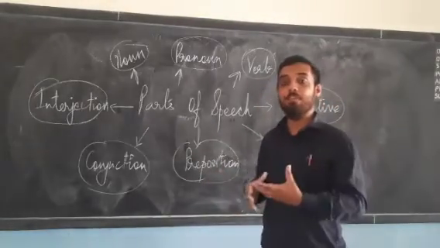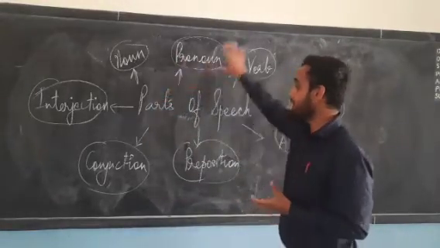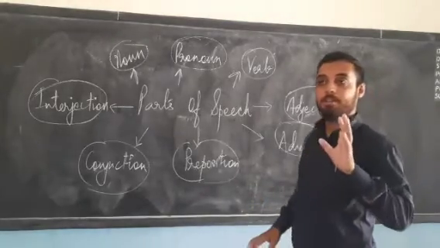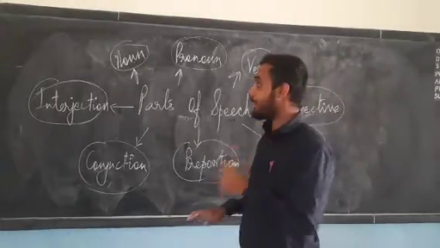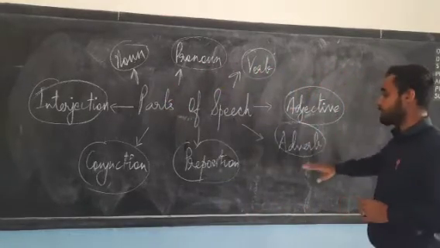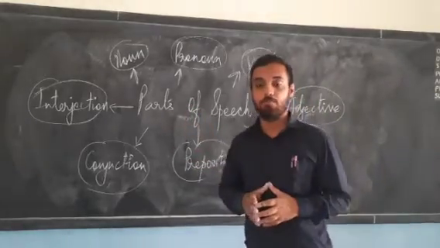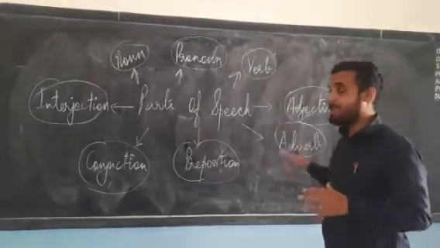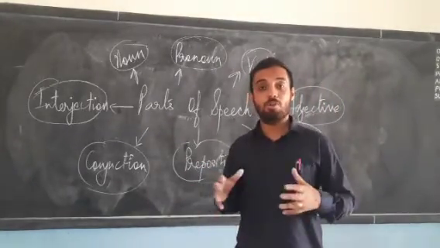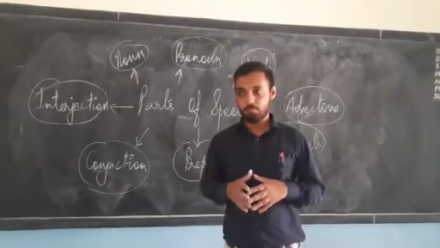Altogether, there are 8 parts of speech, and that is noun, pronoun, verb, adjective, adverb, preposition, conjunction, and interjection. They all together, when used in a sentence, form parts of speech.